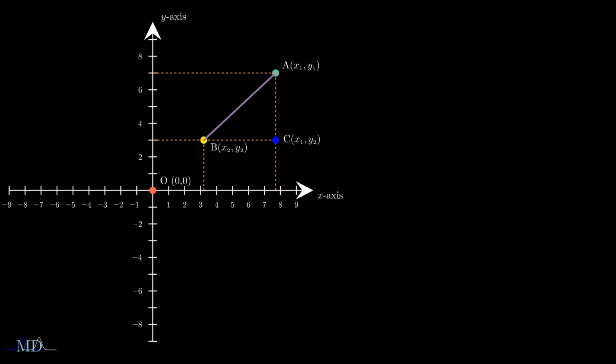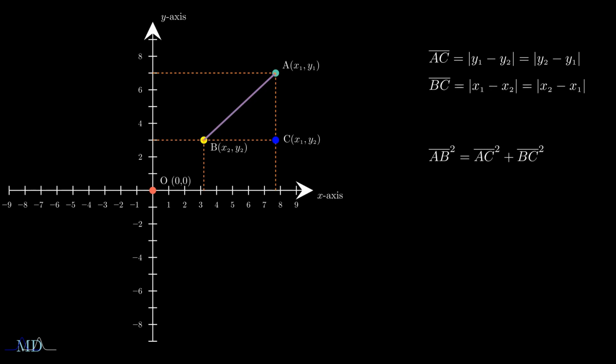If we knew the values of AC and BC, we would apply the Pythagorean theorem to get the value of AB. But the point C shares the x-coordinate with the point A, and the y-coordinate with the point B. Therefore we know the values of AC and BC and we can proceed.